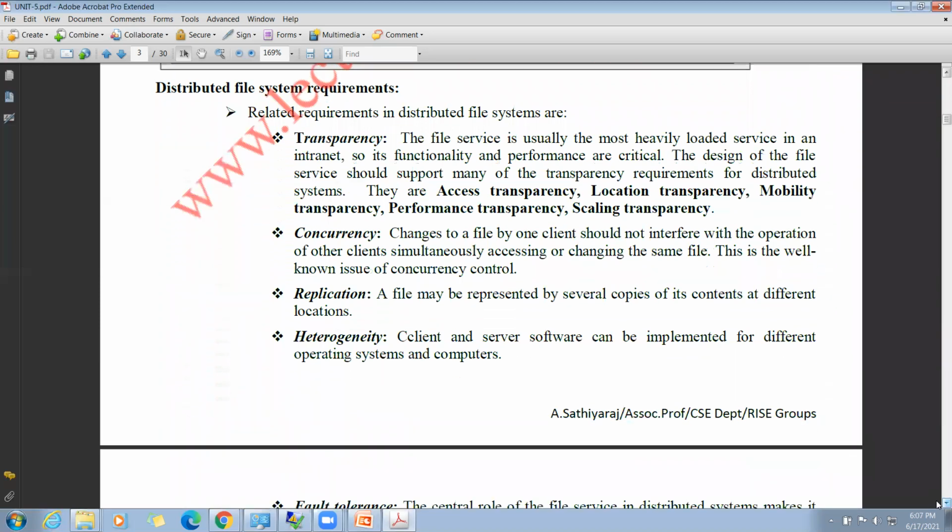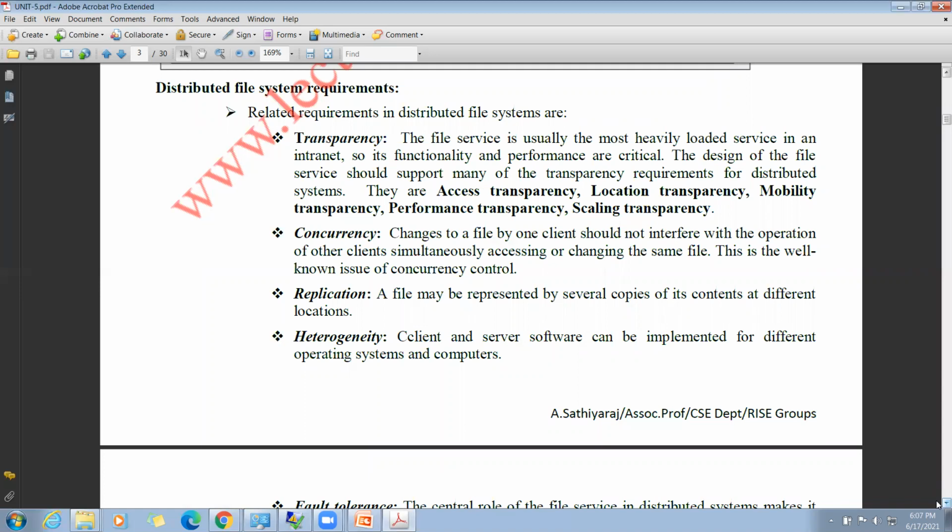Coming to the next one, important one, distributed file system requirements. Here, from here, we are starting our syllabus. Coming to the distributed file system requirements, the first one is transparency.